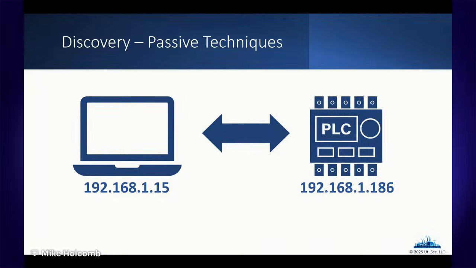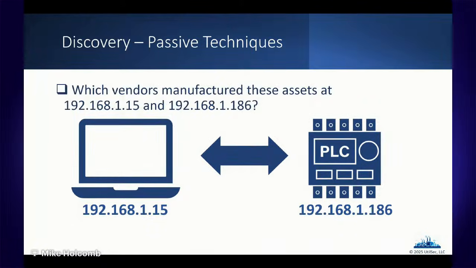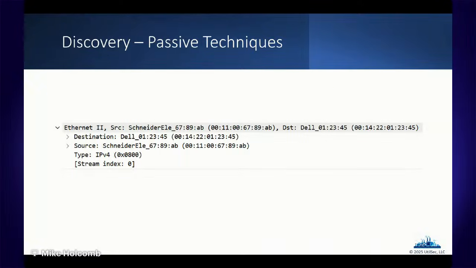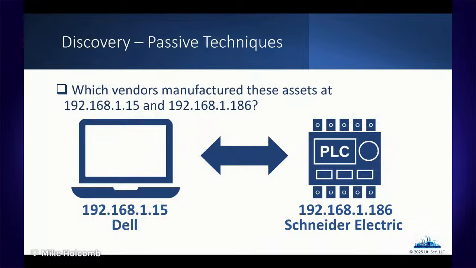And we should know whether that's an authorized asset in the environment or not. We better. Then we can use that captured information, like the MAC addresses, to do the reverse lookup to determine that's a Schneider PLC versus a Dell piece of equipment. So now we're building more detailed information about the environment.